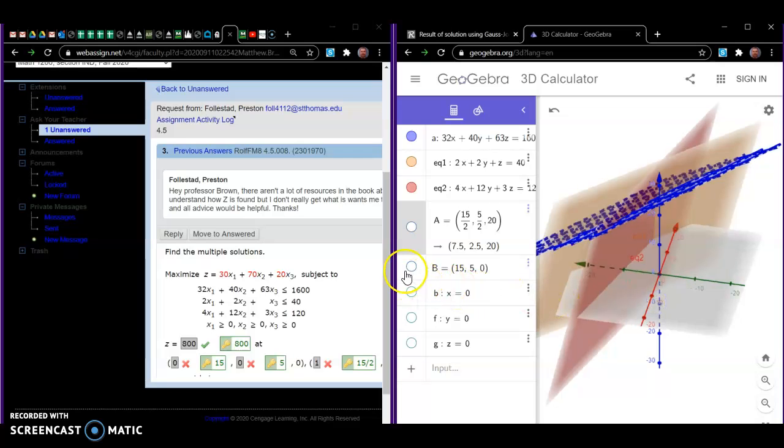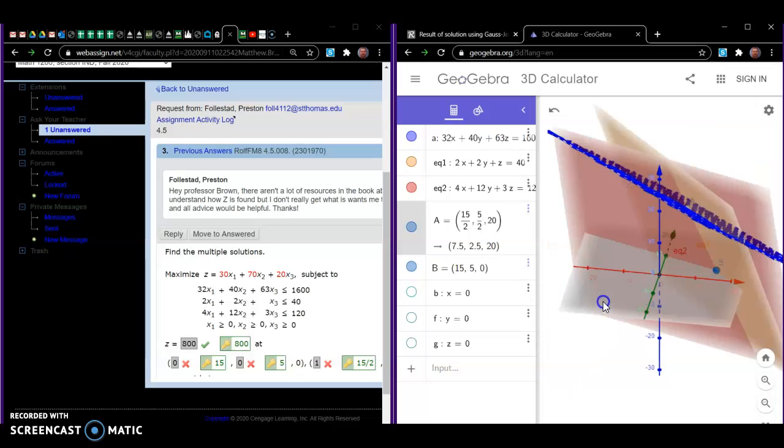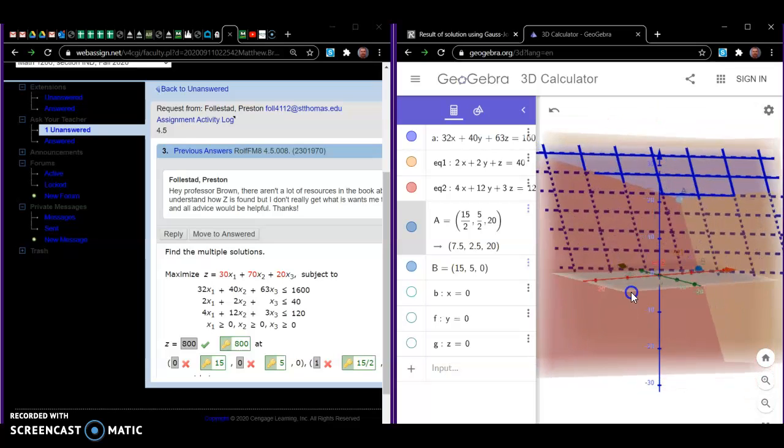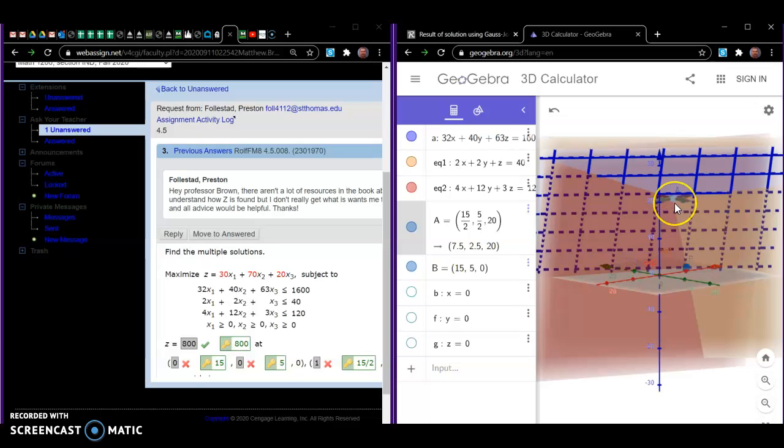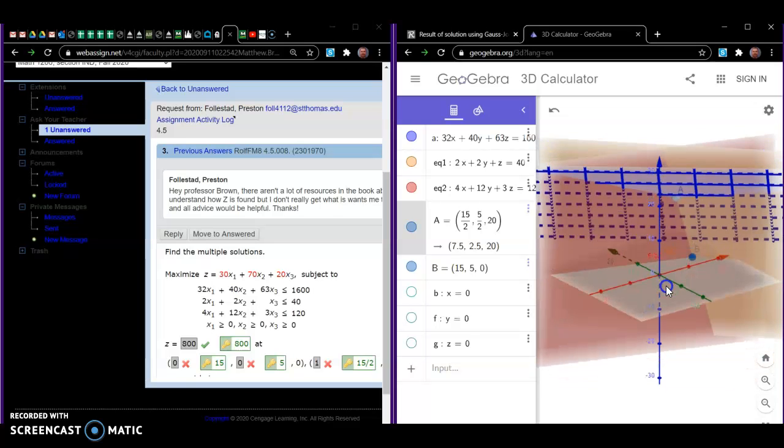The two solutions that we actually find, if you plot them as points, this one is the 15 halves, 5 halves and 20 point. So the idea is that there's an x, y, and z value.